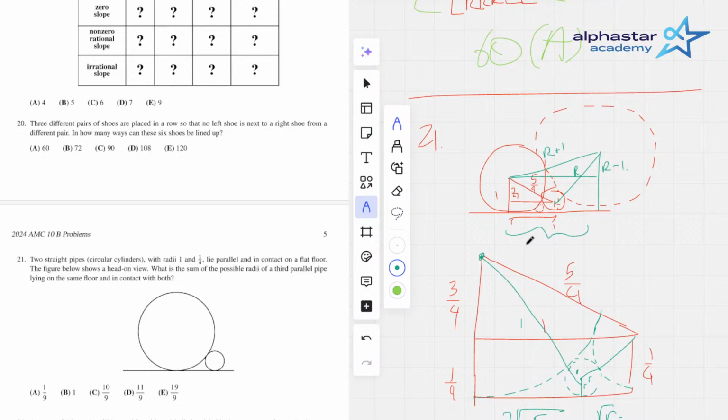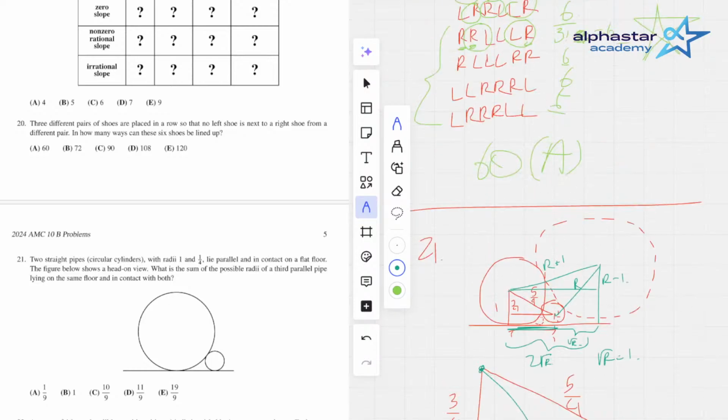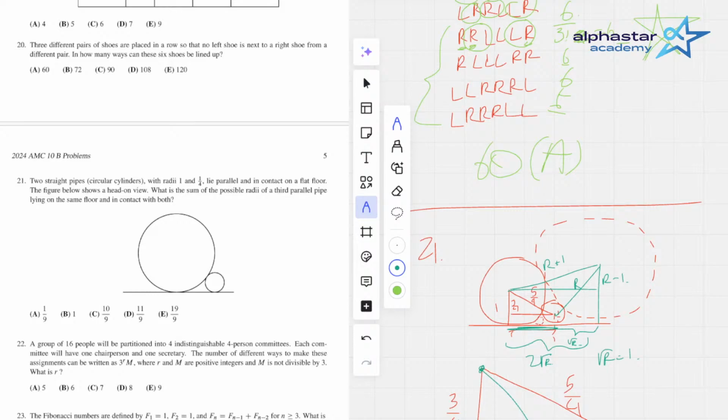So this would be 2 root R, and this length would be R minus 1/4, R plus 1/4, so root R. So then root R would equal this length, which is 1. So R equals 1. So in other words, it would be the same size as that, which I think makes sense. So the sum of the possible values is 10/9.